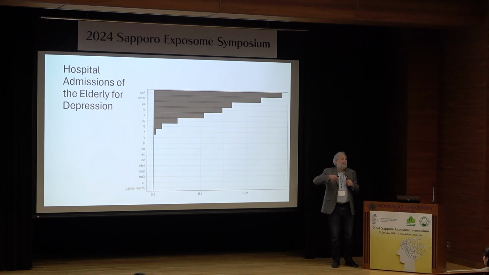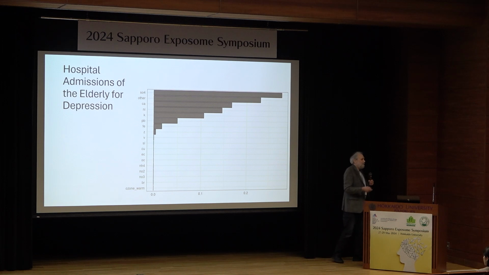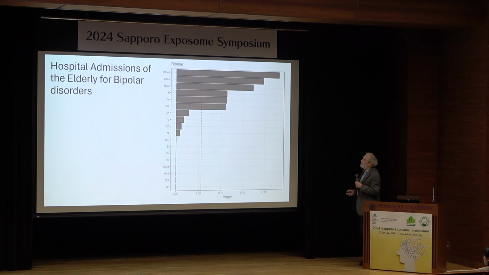So this is all the other stuff. And it seems to be important. And there's a little bit of a sign from nickel, EC, OC, nitrate. Here we put in NO2 and ozone as well as the particles. And so for depression, that's the picture that we're seeing.